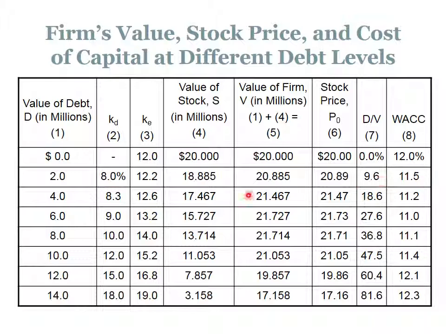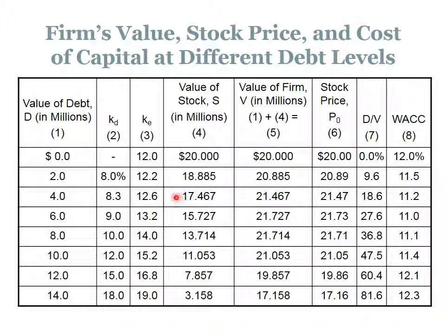And so then we try it again at 4 million. And at 4 million, sure enough, our weighted average cost of capital goes down again to 11.2%. So that tells us we want to hold at least $4 million in debt and the rest in equity, which would be roughly 17.46 in equity.